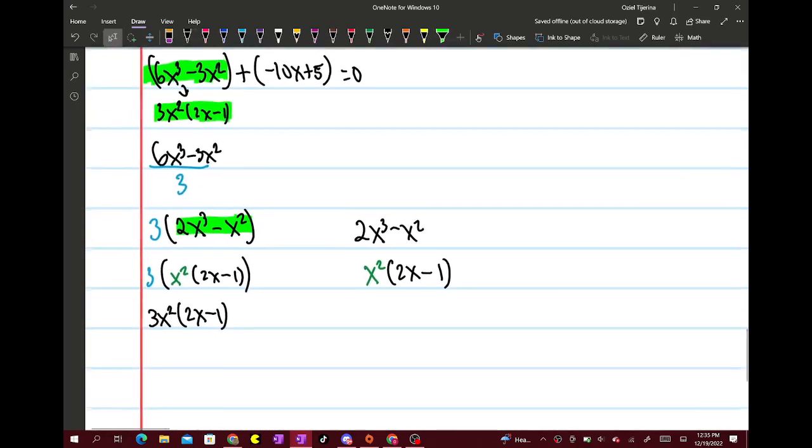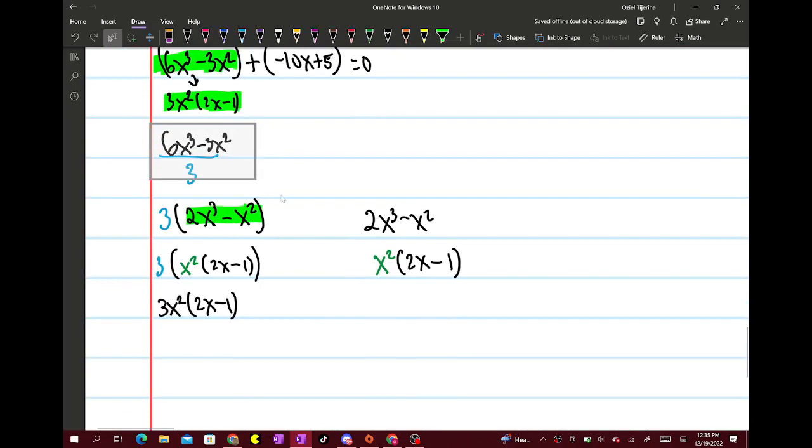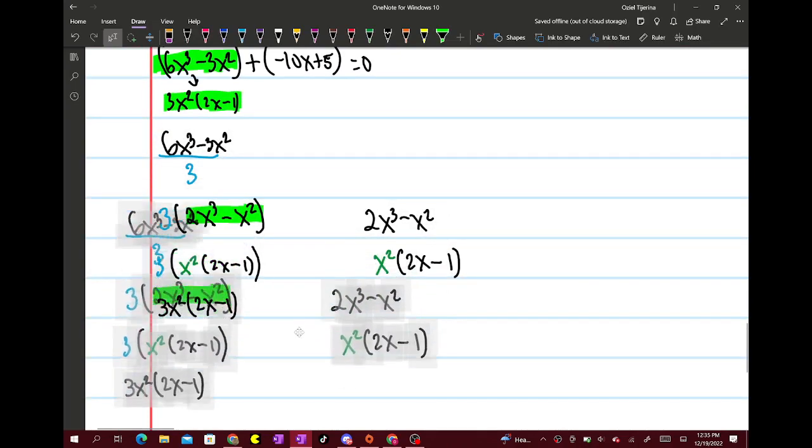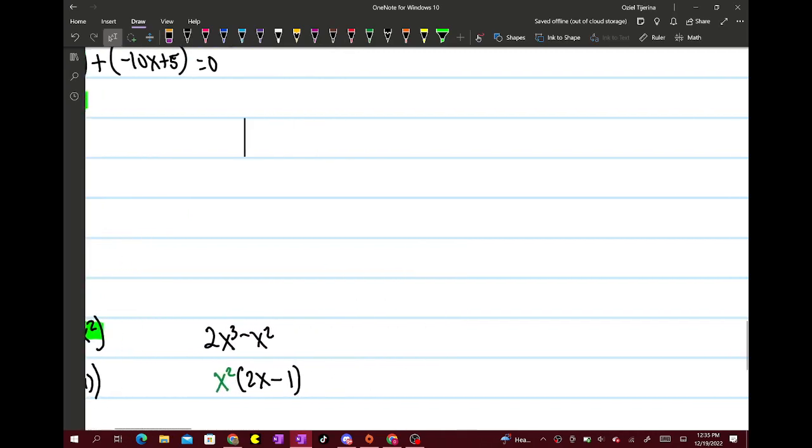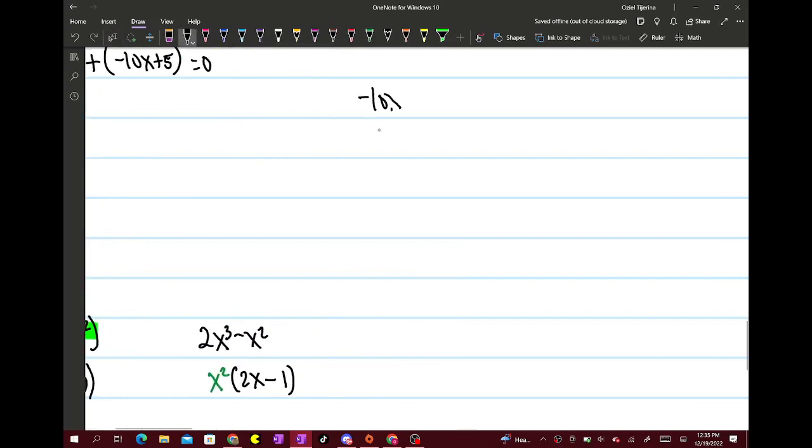And now we have, so let me kind of move this down a little bit. So then we have negative 10x plus 5. Well, negative 10x plus 5 is a linear expression. So we can factor out a 5.